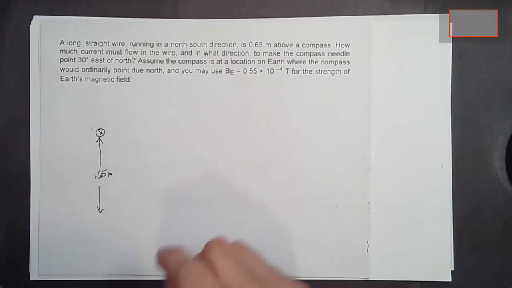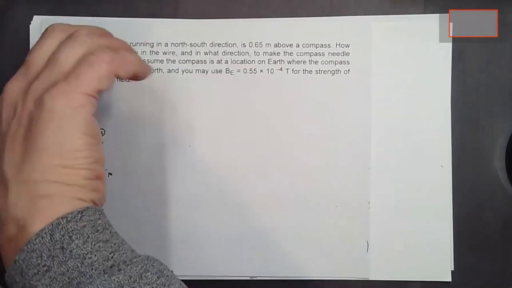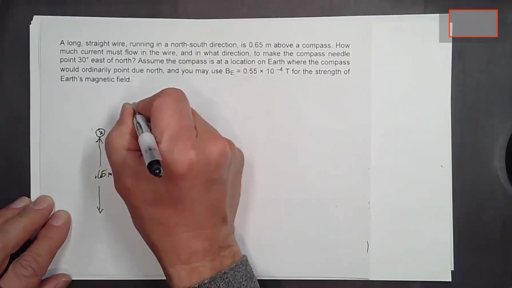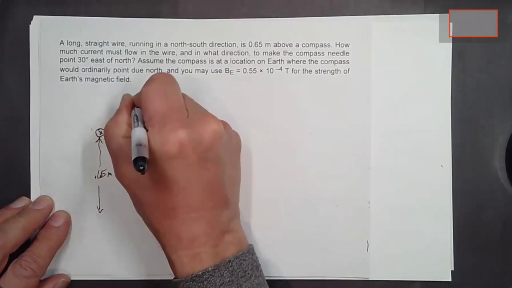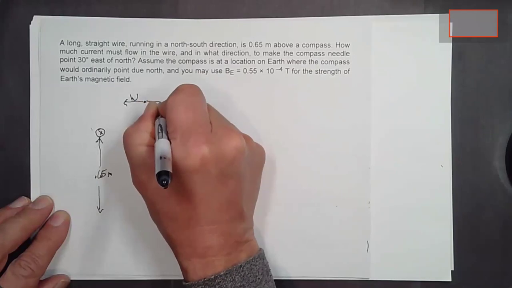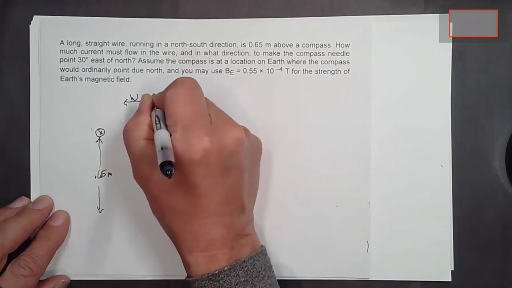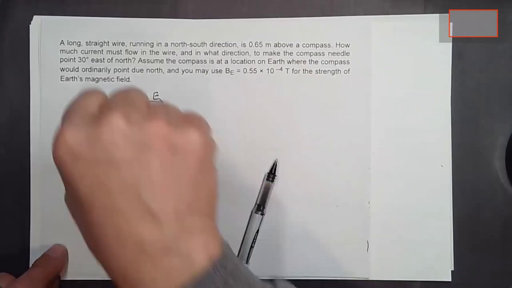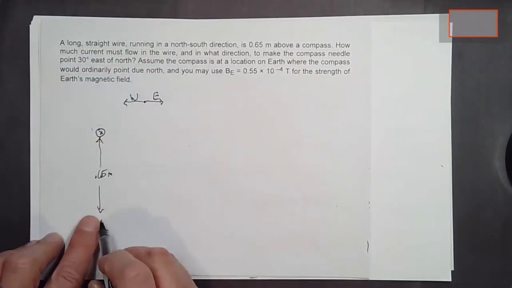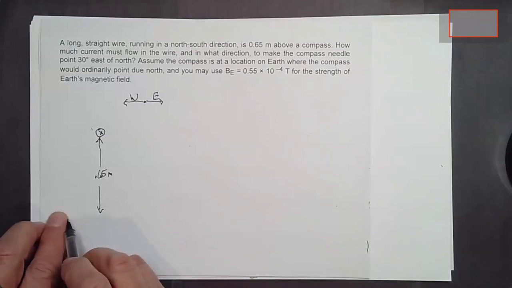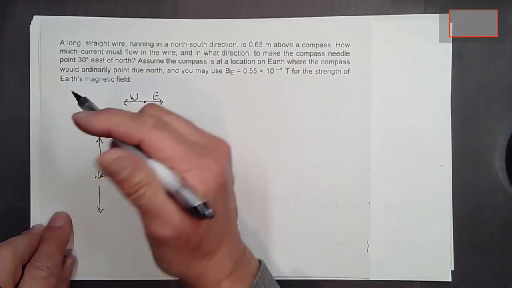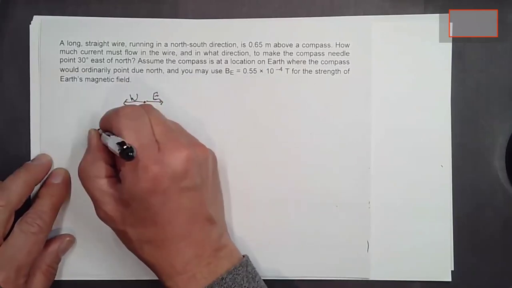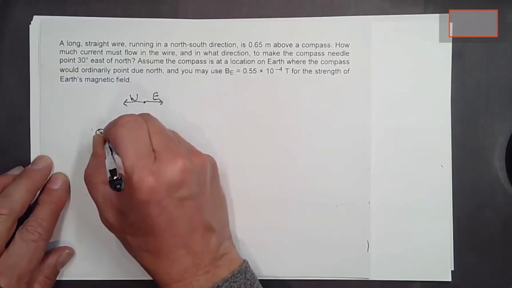Now, if the current was going into the page here, to draw some headings, we'd have west in this direction. We're looking north in the picture that I've sketched here, and east in this direction. So a current going into the page would produce a magnetic field that points west. We're going to need a current coming out of the page.